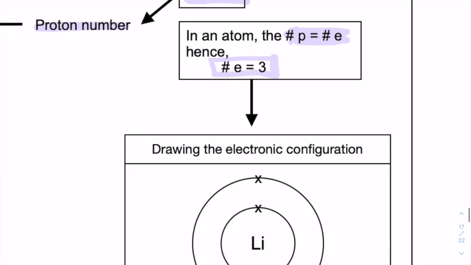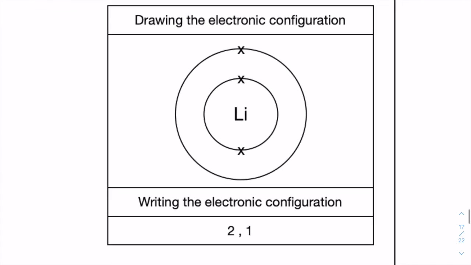So this is where we learn how to draw the electronic configuration. The first step is always to write the chemical symbol in the middle. Okay, after that we start drawing the electron shells. So in this first shell, you can hold a maximum of 2 electrons, right? So we put 1, 2. Are we done yet?